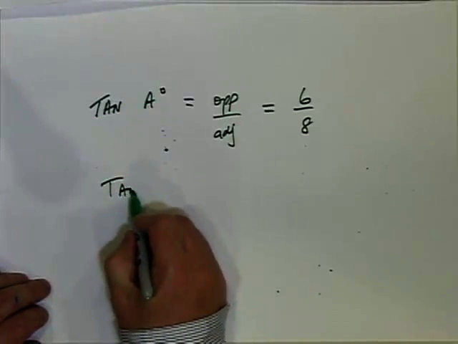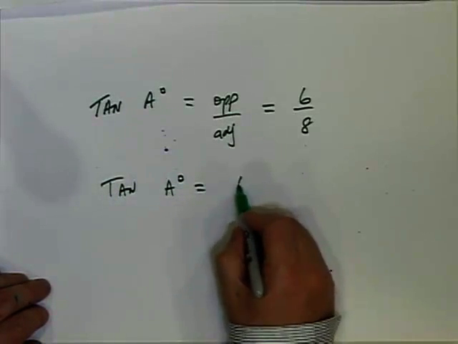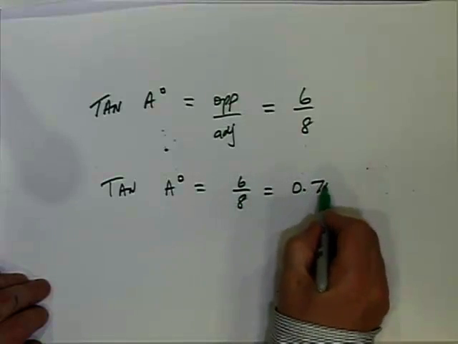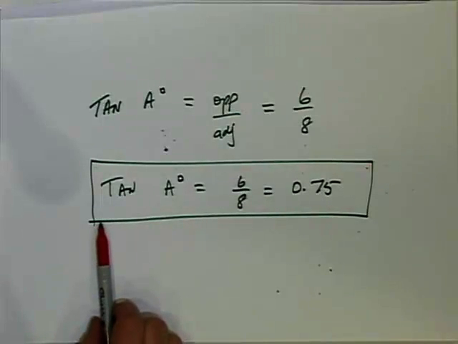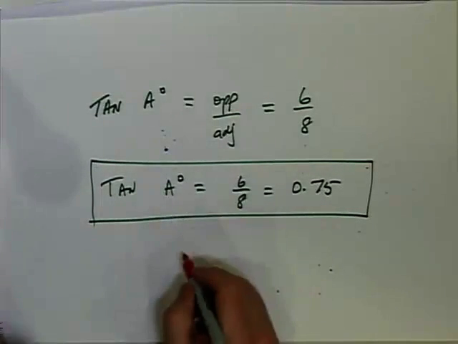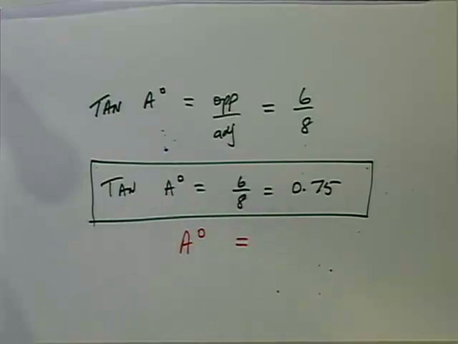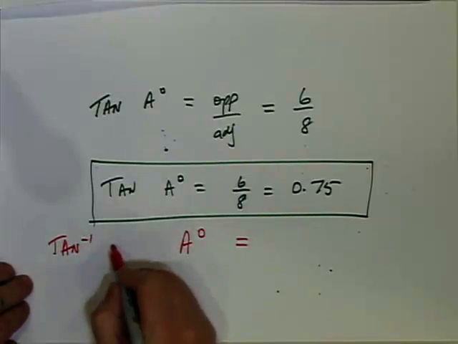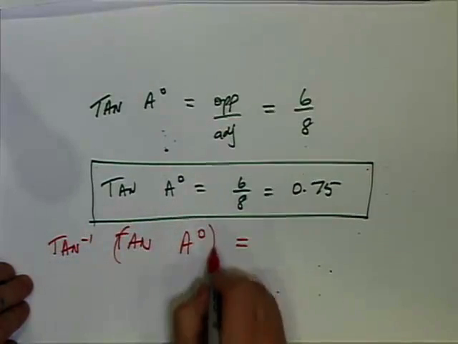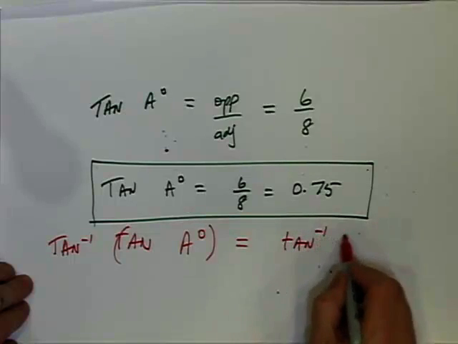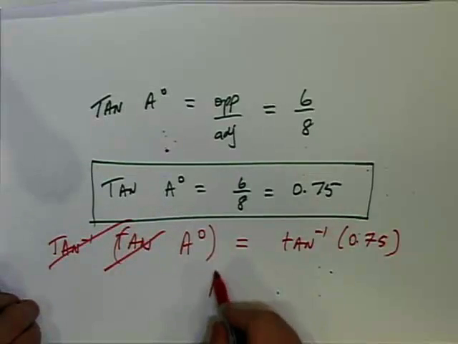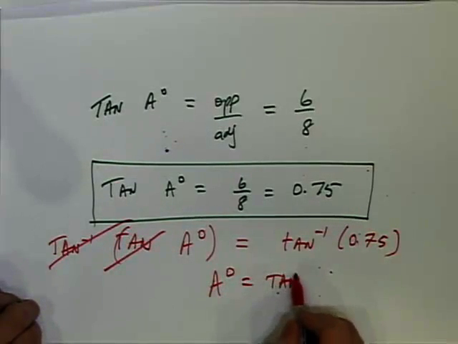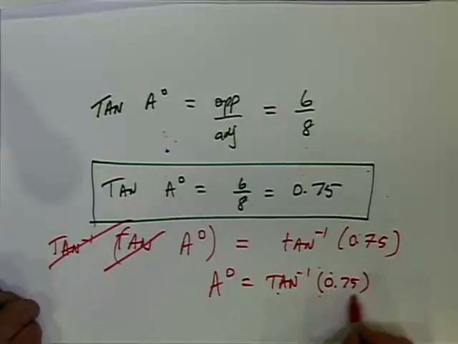So tan A is equal to 6 over 8, or 0.75. But what am I interested in? A. So how do I get A? How do I get rid of the tan? Inverse tan. Tan inverse tan 0.75, they cancel. A is equal to inverse tan 0.75.